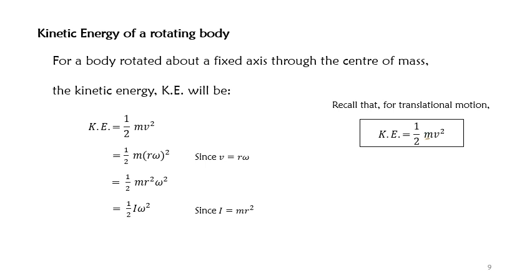Again, mass is equivalent to the moment of inertia. Remember, mass is a measure of inertia in linear motion. So moment of inertia, then linear velocity is also covariant of angular velocity. So half mv squared for linear motion, half I omega squared for rotational motion.